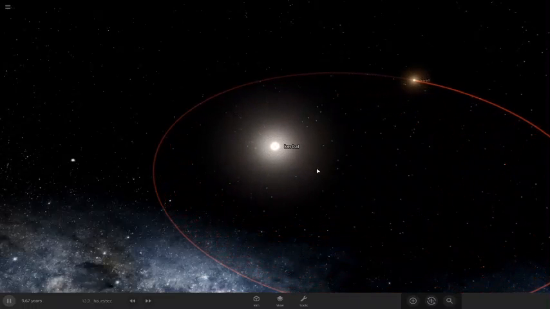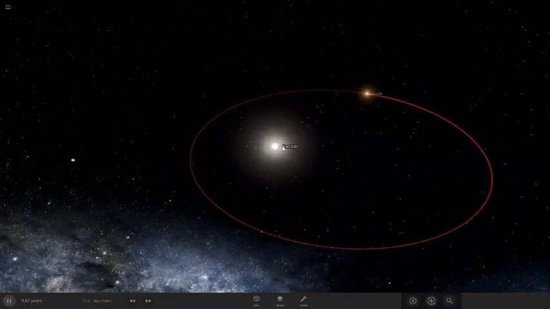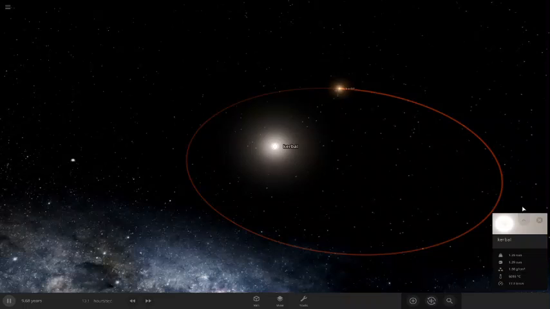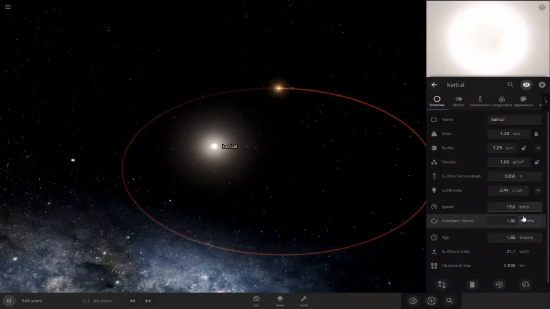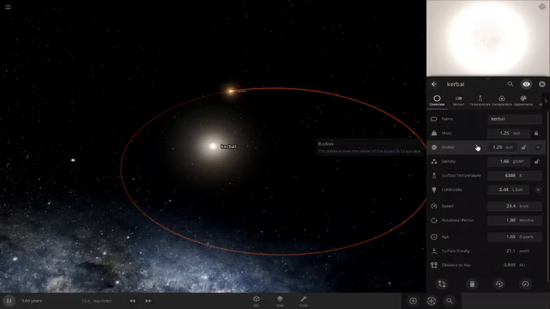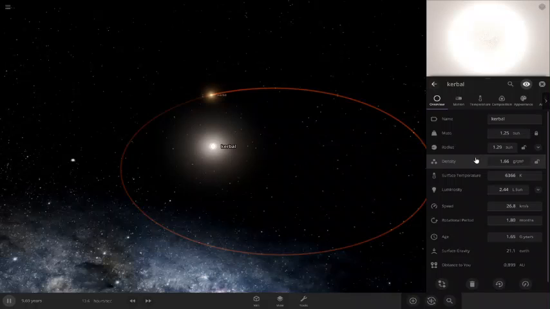So a binary star system is made up of two stars. The primary star we named Kerbal, and the secondary star Kerbil. Kerbal has a mass of 1.25 solar masses, a luminosity of 2.44 solar masses, the density is 1.18 solar masses, the temperature is 1.23 solar masses, the distance to the barycenter.